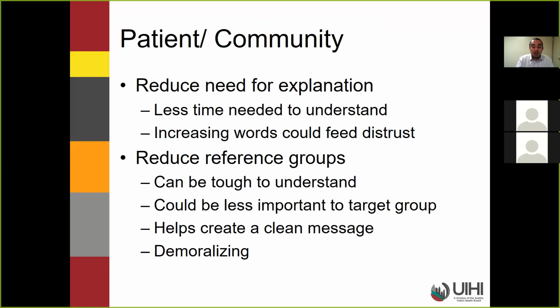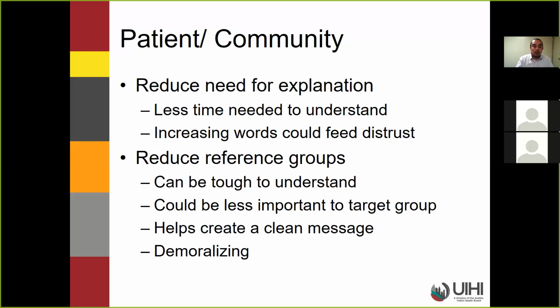It could also be less important or not even relevant to the target group. As an AIAN, if I were to hear that I am more or less likely than non-Hispanic whites, that may not really mean anything to me. I want to know how that risk factor affects me as an individual, not how I compare to my neighbor or other people.